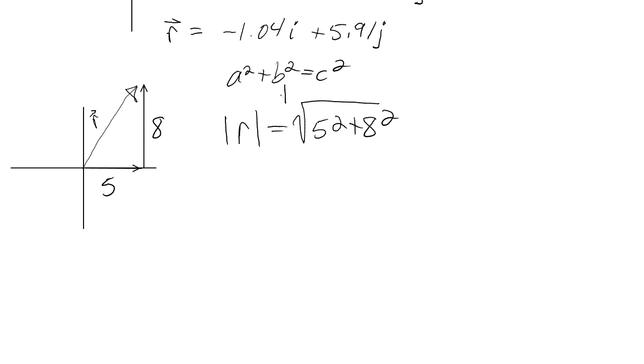So that leads to this. Then we've got to say what's the angle. We need to know this angle. So theta is going to equal the inverse tangent of the j over the i component, 8 over 5.